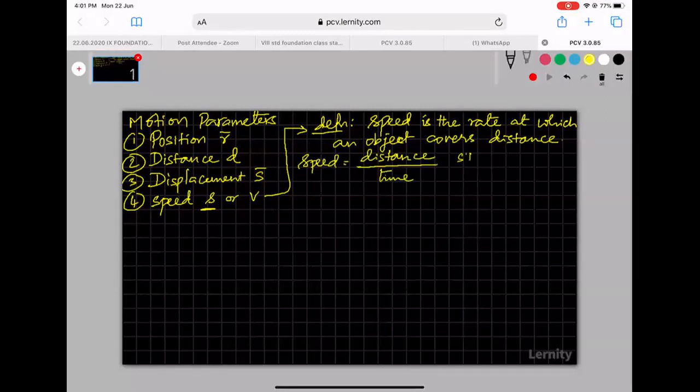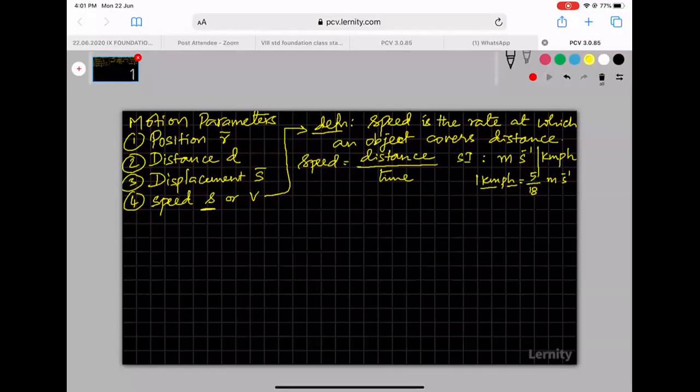From the formula you understand that the SI unit of speed is meters per second. There are other commonly used units like kilometer per hour, and you know that 1 kilometer per hour is equal to 5 by 18 meters per second. How do you convert? You probably already learned this in units and dimensions. A kilometer has 1000 meters, an hour has 3600 seconds.